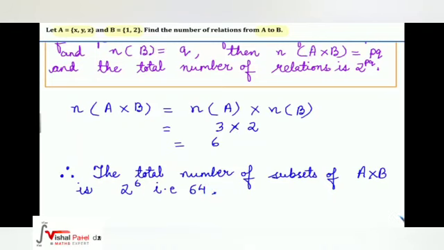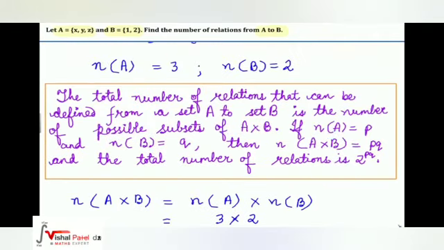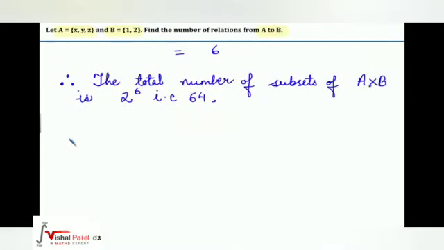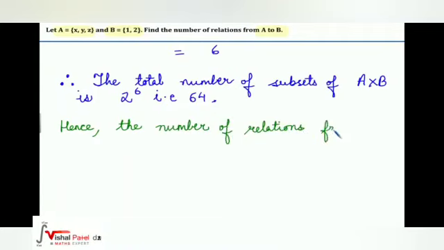The number of relations from A to B is 64. Hence, the number of relations from A to B is 64.